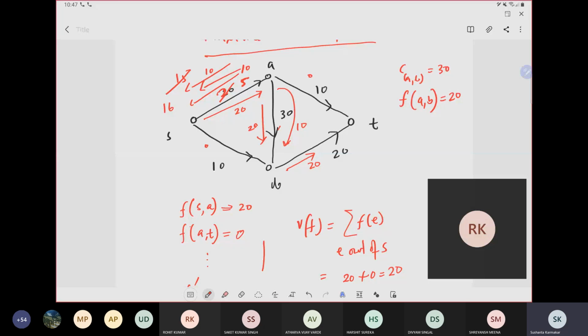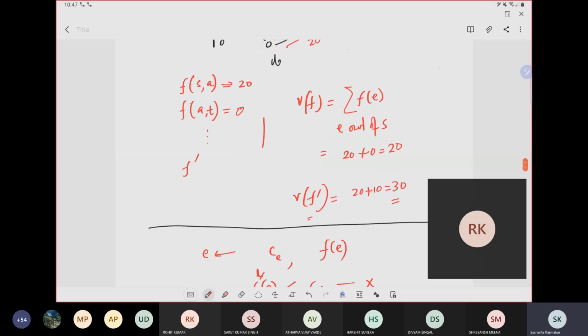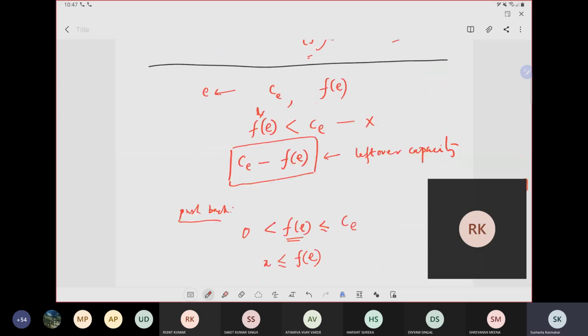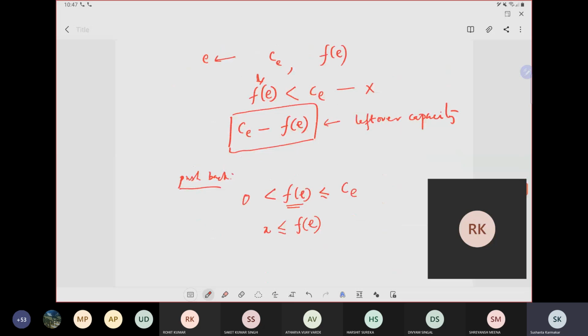So pushback can be anything between 0 and the current flow that it is carrying. Similarly, I probably missed one thing: push forward can be anything between 0 and this leftover capacity amount.